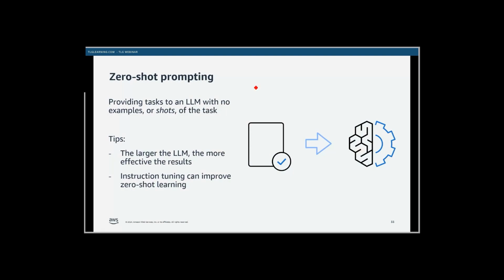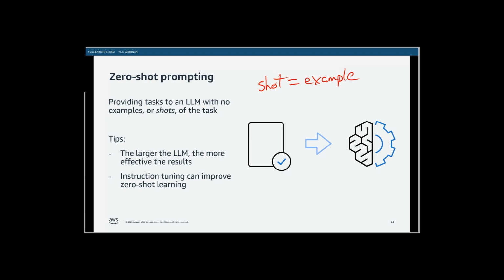So, zero shot, used in this context, shot equals like an example. Zero shot prompting means we don't provide any examples of the task or how to do it or what the results should be. So we pose a task or send a question to an LLM. No examples or shots of the task.